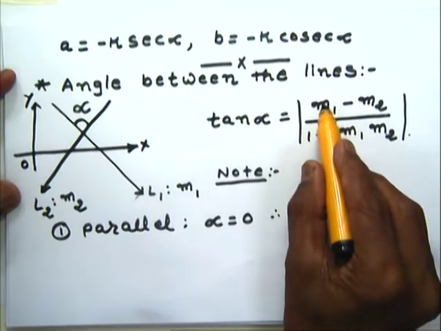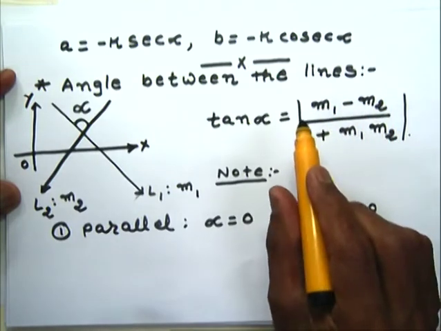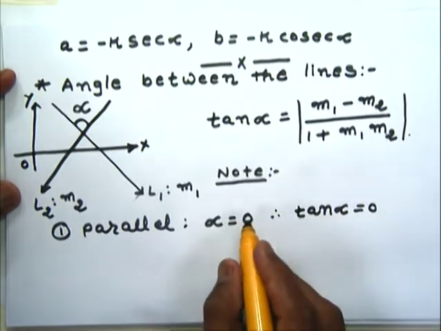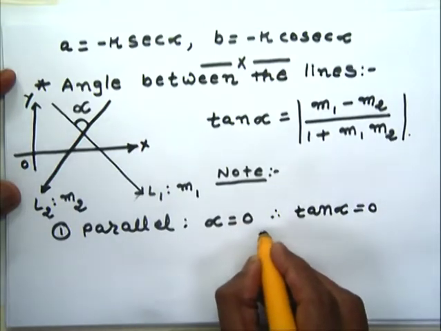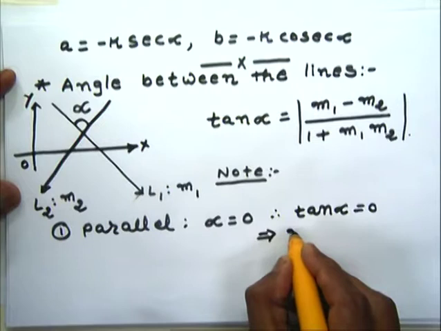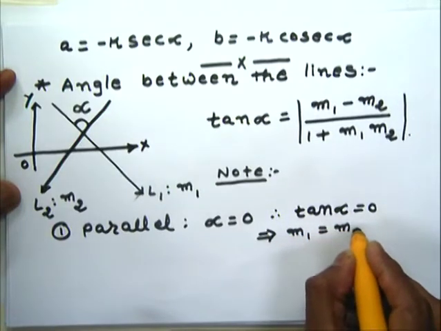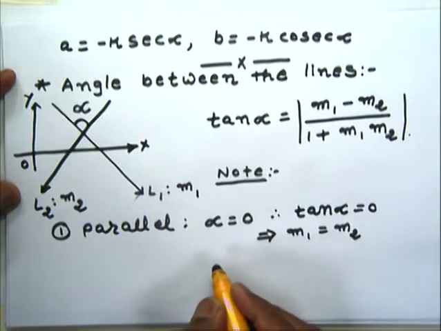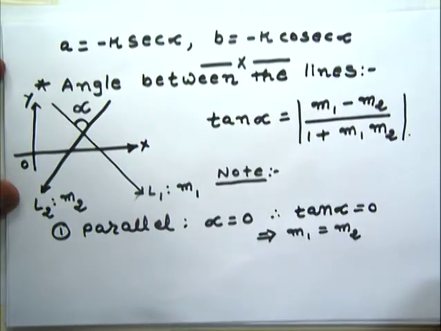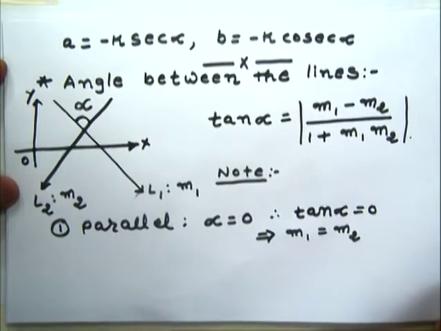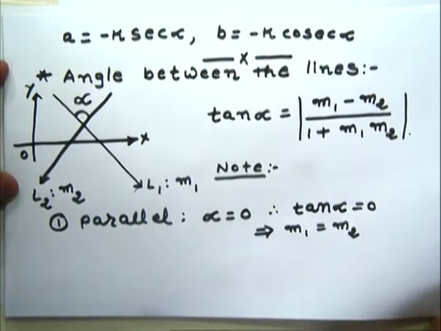That is, m1 minus m2 is equal to 0. And that gave us the important result about the slopes of the line for parallel lines.